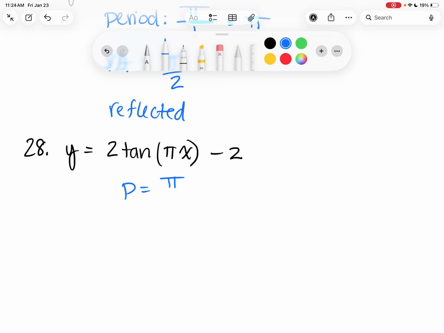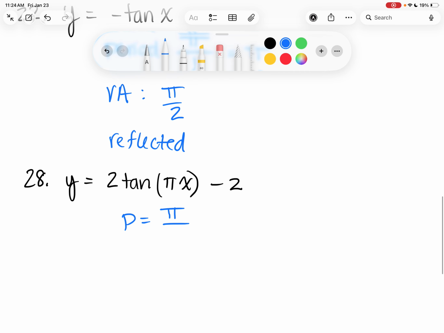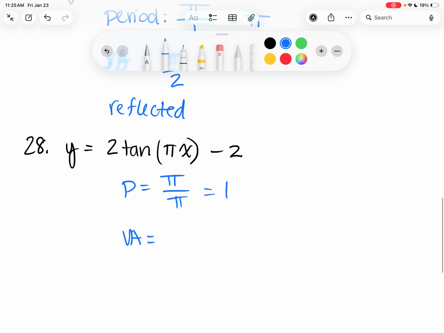No, this is only for tangent. So period would be pi over pi, which is just 1. And what about the asymptotes? Pi over 2 times the absolute value of pi. The pi's cancel, so it would just be at 1/2.